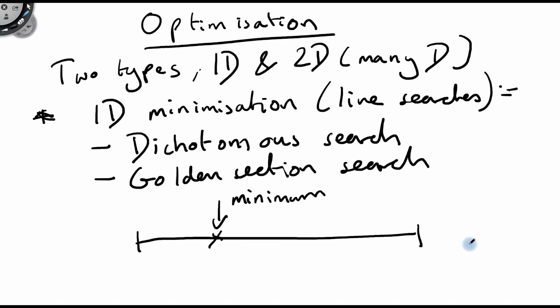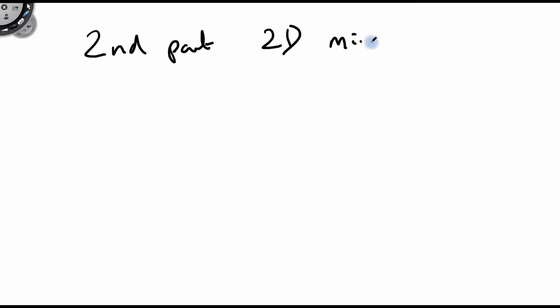The dichotomous and the golden section searches are two very closely related methods that do that. So that's the first part, the minimization of a 1D function. And then the second part, a bigger part, is 2D minimization.